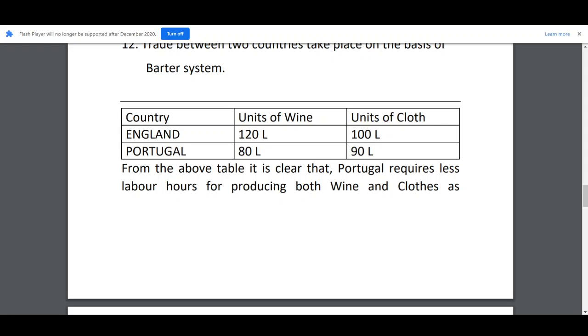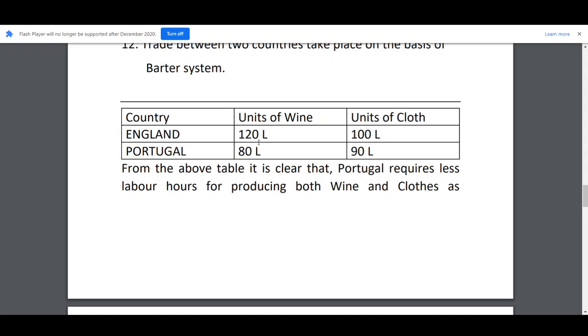So from the above table, you can easily find out which country has more comparative cost advantage. Advantage means benefit. Which country has more comparative cost advantage among these two countries? Portugal. Naturally, Portugal has comparative cost advantage in the production of wine as well as in the production of cloth, because less labor hour is required.